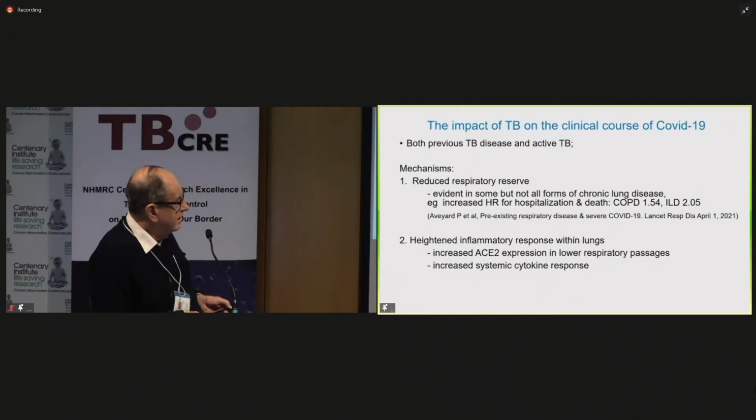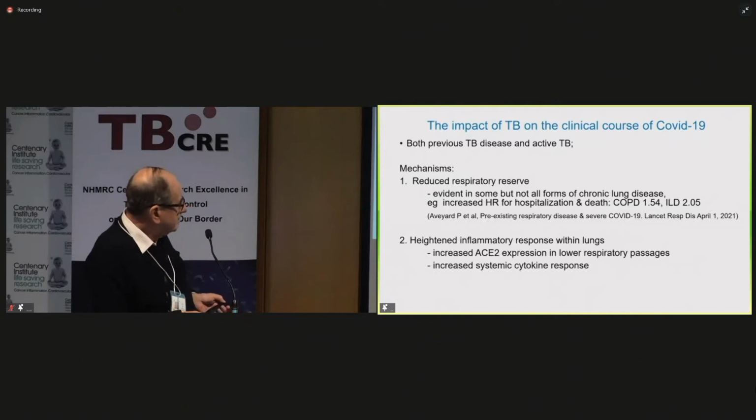And this is the largest study recently reported from the United Kingdom, where they looked at the effect of pre-existing respiratory diseases, all forms of respiratory diseases except actually tuberculosis, on both hospitalisation and death. And you can see that chronic obstructive lung disease had an increased hazard ratio of death, as did interstitial lung disease, but asthma itself did not.